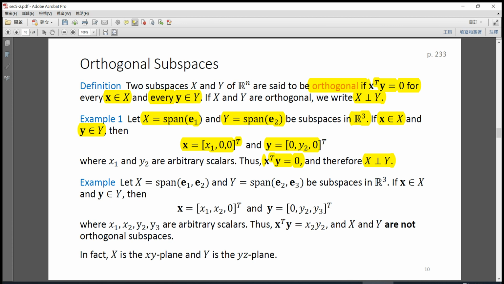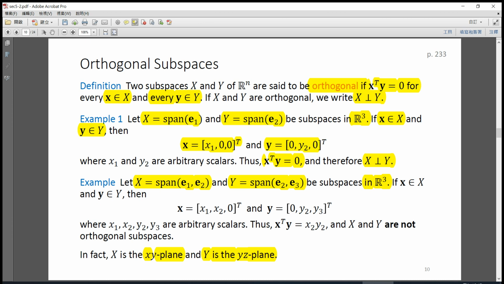In the next example, we let X be the span of e1 and e2, so X is the xy plane, and let Y be the span of e2 and e3, and Y is the yz plane in R3.